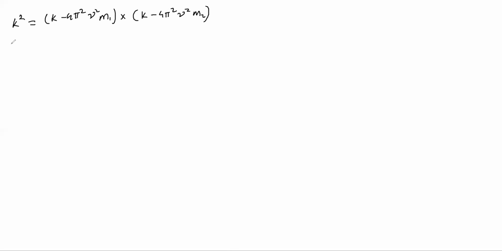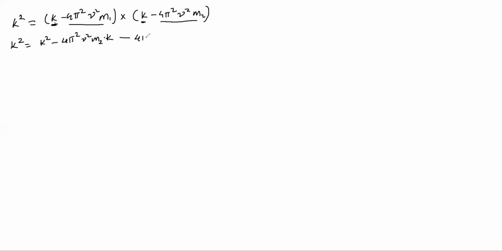So we multiply this bracket into this, so the equation will be k square. So multiply k by this bracket. So k into k is nothing but k square minus k into 4 pi square mu square m2 times this k. Okay, so this is the first. Similarly, you have to multiply this 4 pi square into this term again.